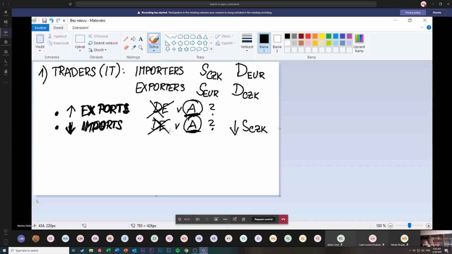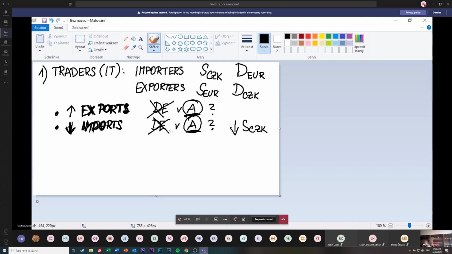Let's have 2 countries, the Czech Republic and Germany. The Czech Republic is the domestic country, Germany is the foreign country, and there are 2 currencies, the euro and the Czech crown.